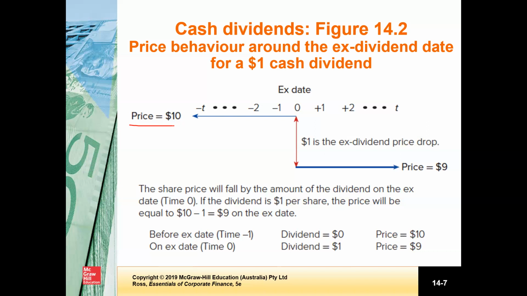If you buy the share on Wednesday, 30th January, just as the market closes, you will get the $1 dividend because the share is trading cum dividend. If you wait and buy the share just as the market opens on Thursday, which is the ex-dividend day, then you will not get the $1 dividend.